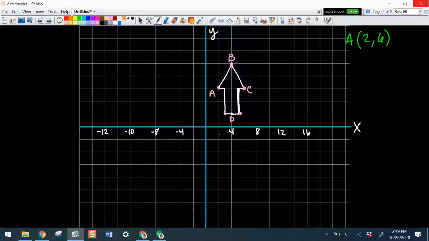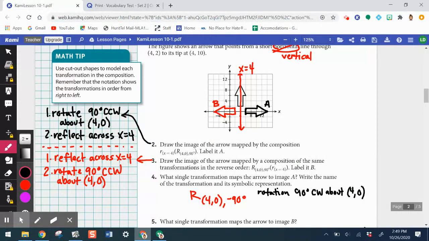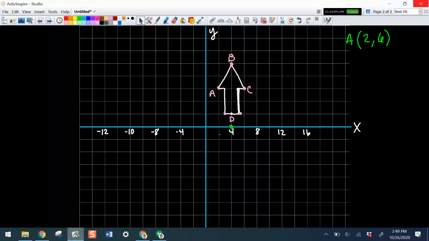The first thing you do is subtract our center of rotation, which in this case is, let me check, (4, 0), not (0, 4). This is the point in green, (4, 0). So we subtract that center. 2 take away 4 is -2. 6 take away nothing is 6.